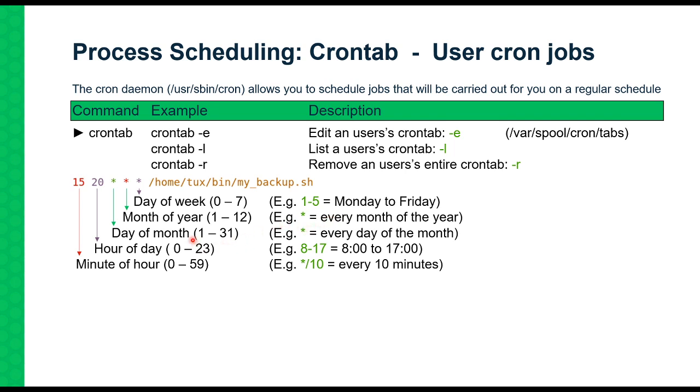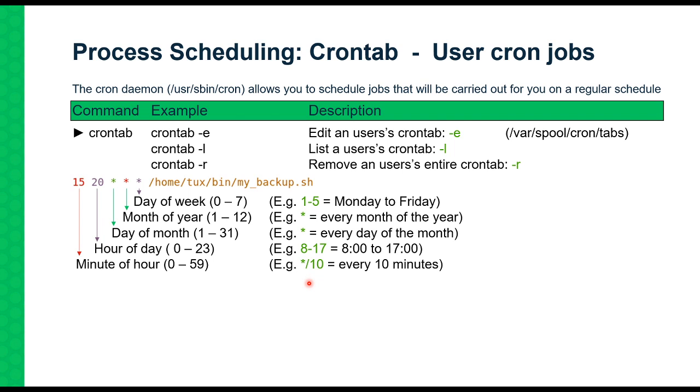The same goes for the day of the month. We can assign that, and also the hours of the day. You can decide on which hours of the day it should run, and should you wish this to run every few minutes, you use */10, let's say. This will say every 10 minutes it should run this command, or every 15 minutes it should run this specific command.